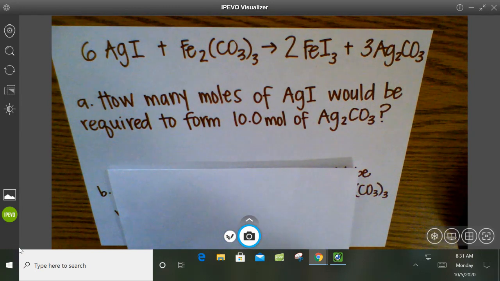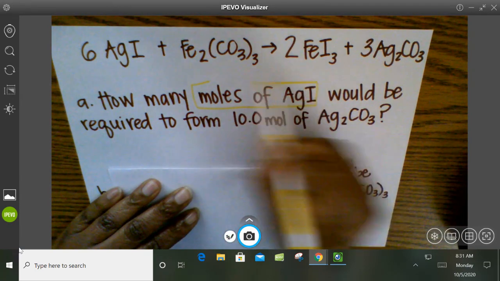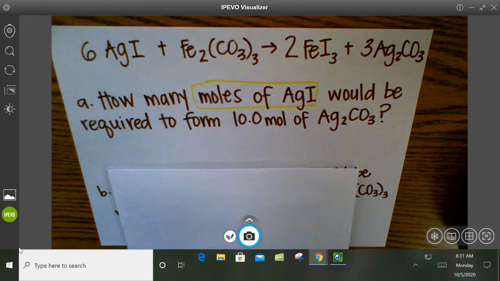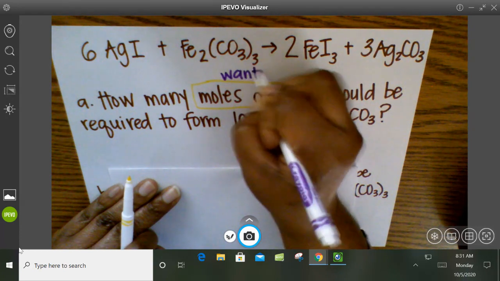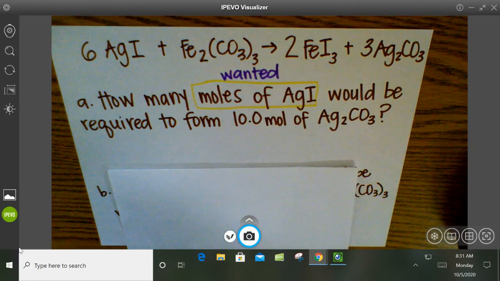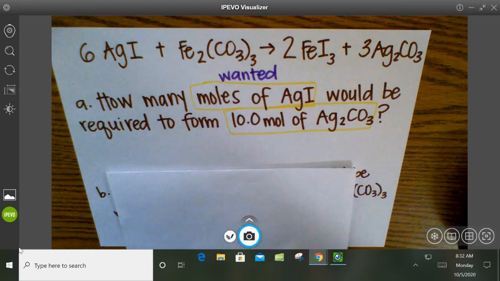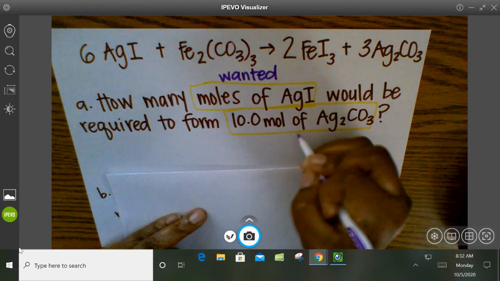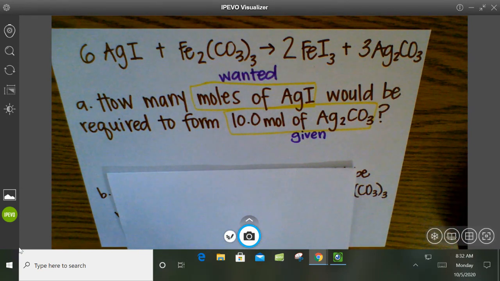Moles of silver iodide is my wanted. That's what I want to find. And 10 moles of silver carbonate is my given. That is what I'm given in the problem to help me get started.